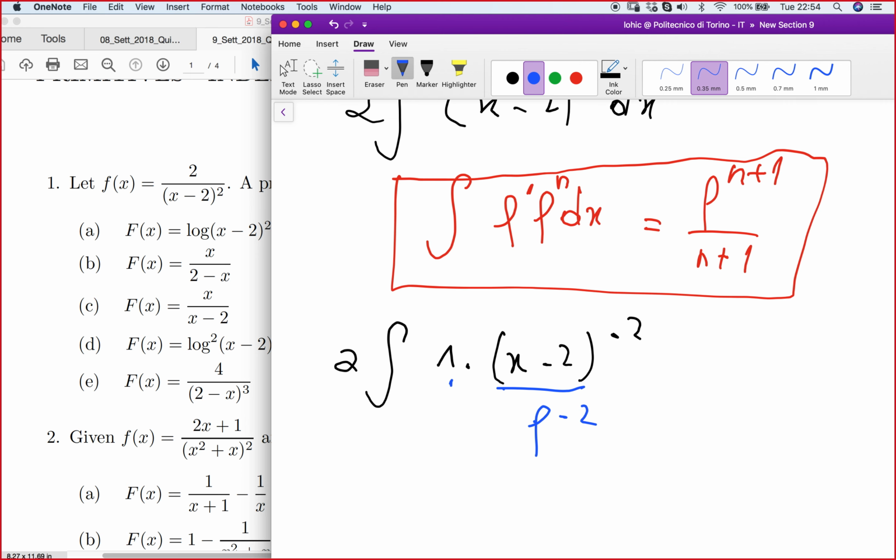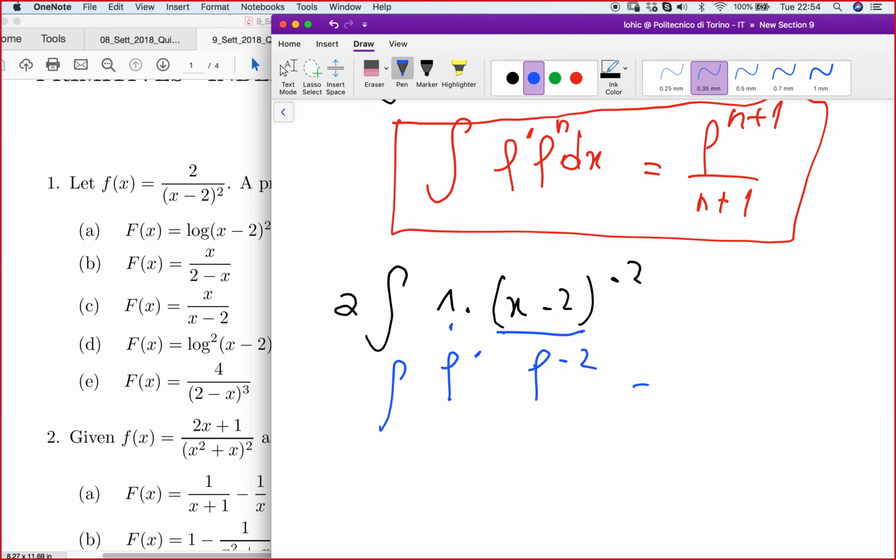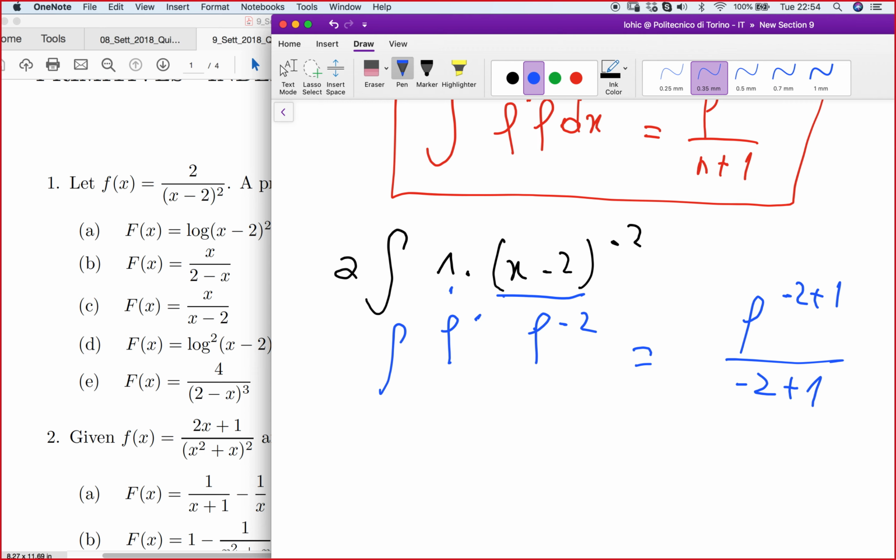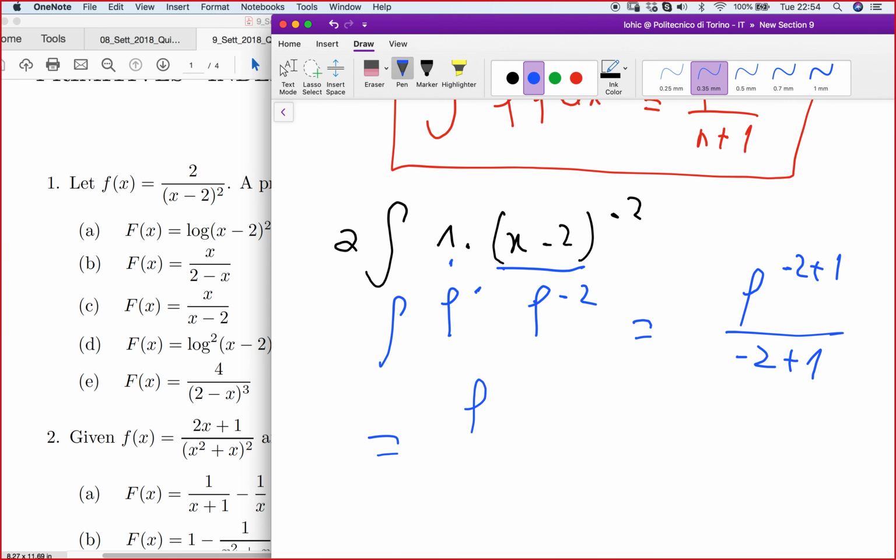And if f is x minus 2, this 1 will be f prime, right? So we are basically doing the integral of f prime times f to the power minus 2. By this formula, it will give f to the power minus 2 plus 1 divided by minus 2 plus 1, and thus f to the power minus 1 divided by minus 1.